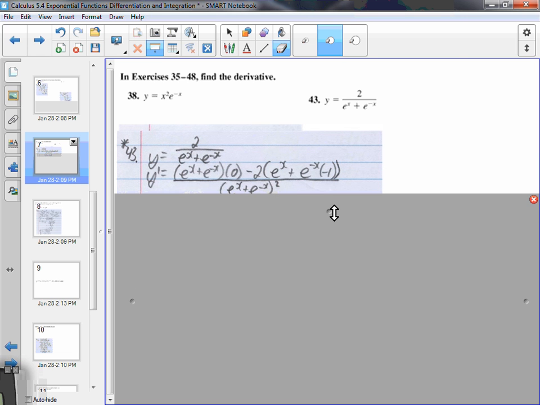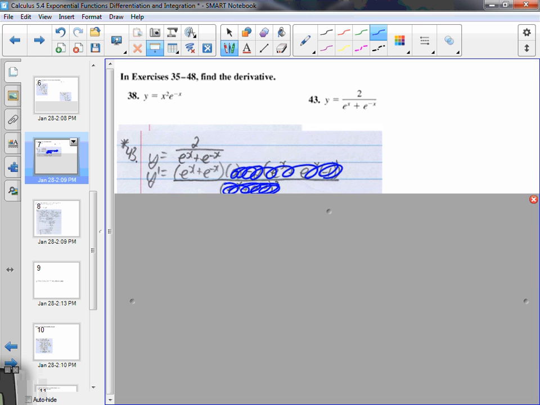So that'll be the bottom, e to the x plus e to the negative x, times the derivative of the top, and the derivative of 2 is 0. I kind of like that. Minus the top, 2 times the derivative of the bottom.